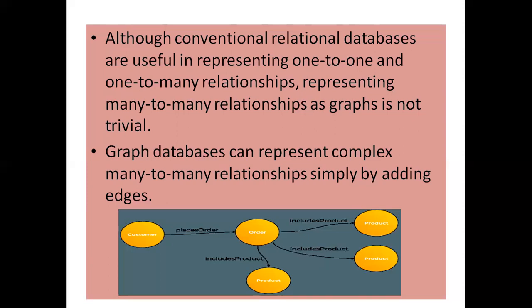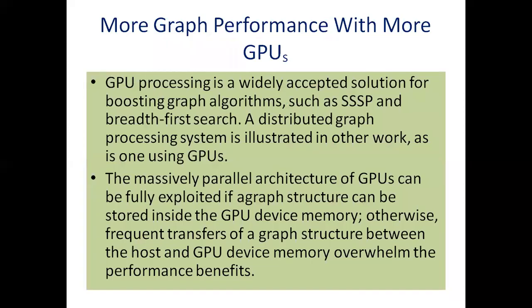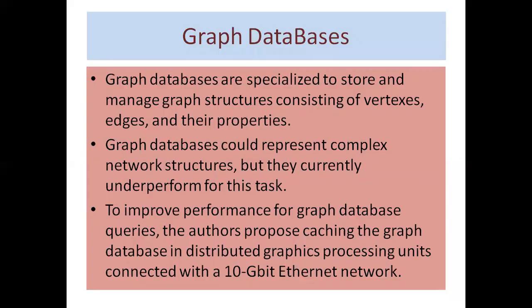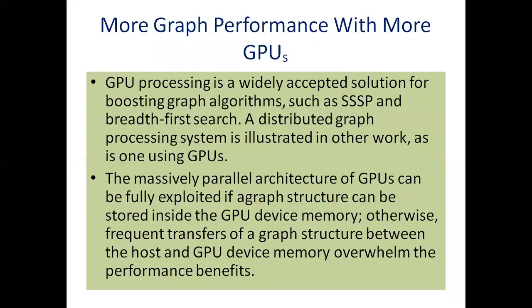Next, more graph performance with more GPUs. GPUs have specific graph database caching. By using more graph database cache, we can increase graph performance. GPU processing is a widely accepted solution for boosting graph algorithms such as SSSP and breadth-first search.